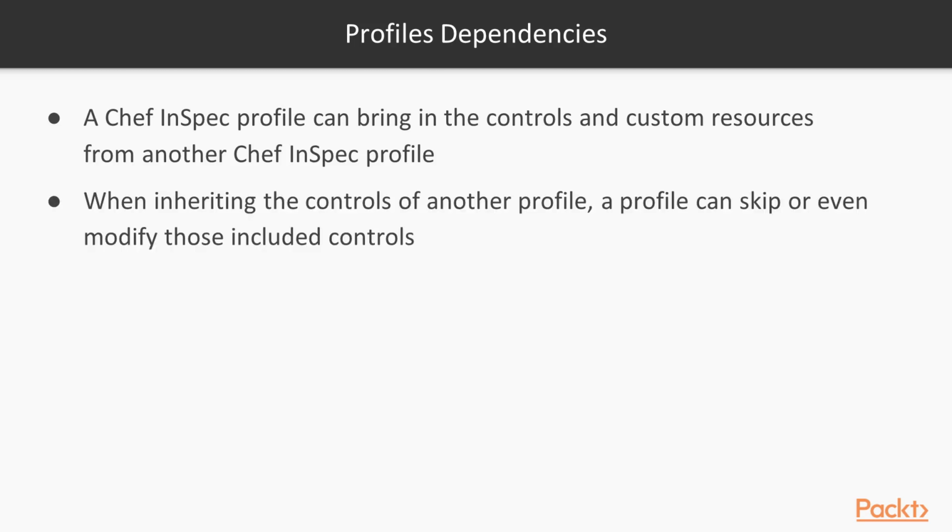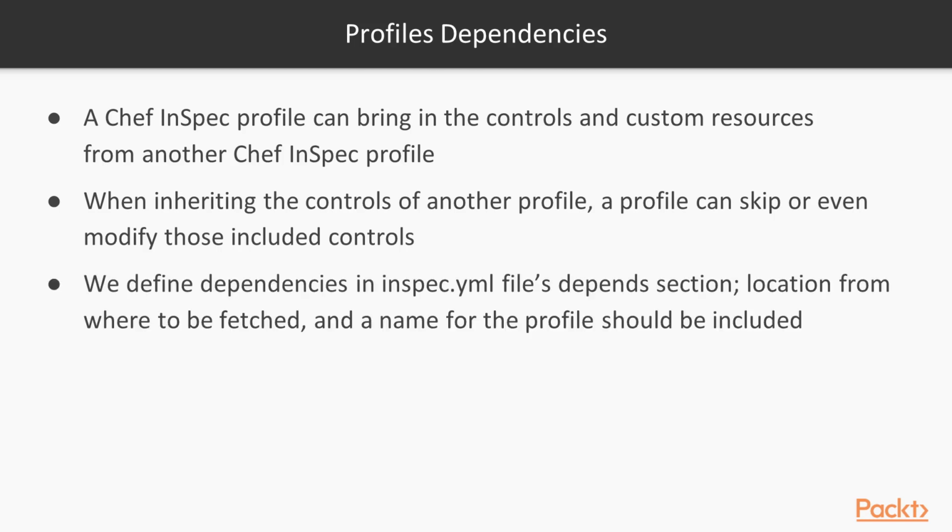So before a profile can use controls from another profile, the profile to be included needs to be specified in the including profile's inspec.yaml in the depends section. For each profile to be included, the location from where it has to be fetched and the name of the profile should be included.